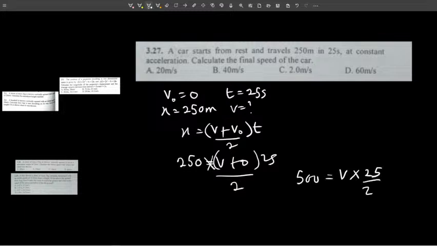So divide both sides by 25, these cancel. You'll have 500 divided by 25. That will be 20, so that will be 20 meters per second. So the answer to that is A. It's A.